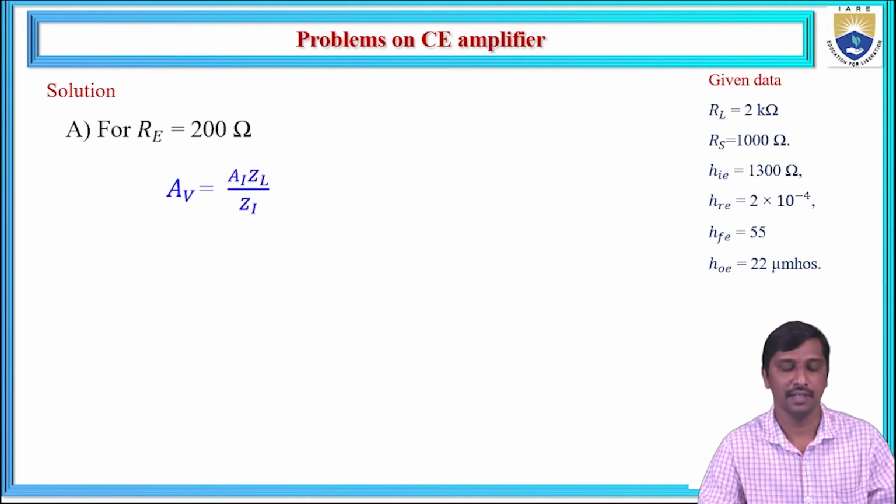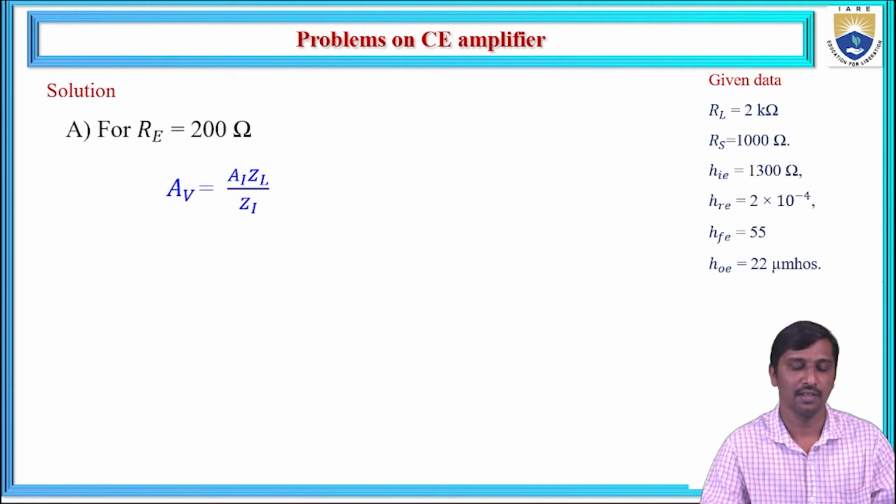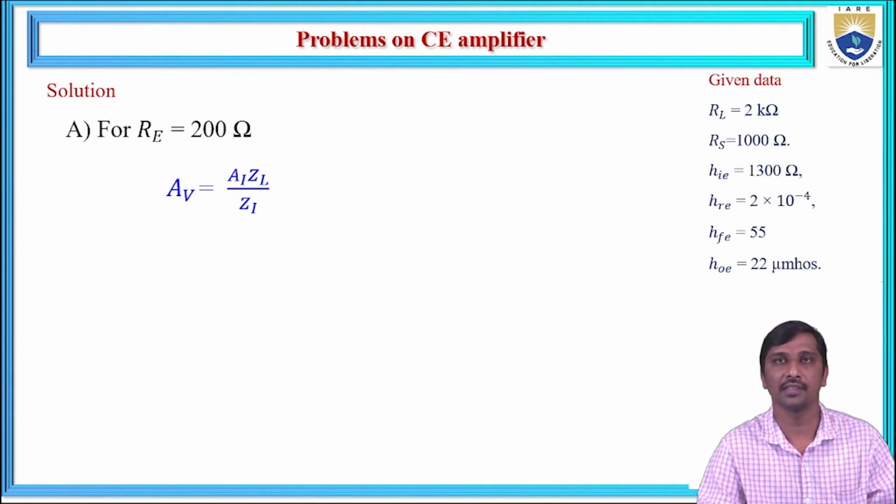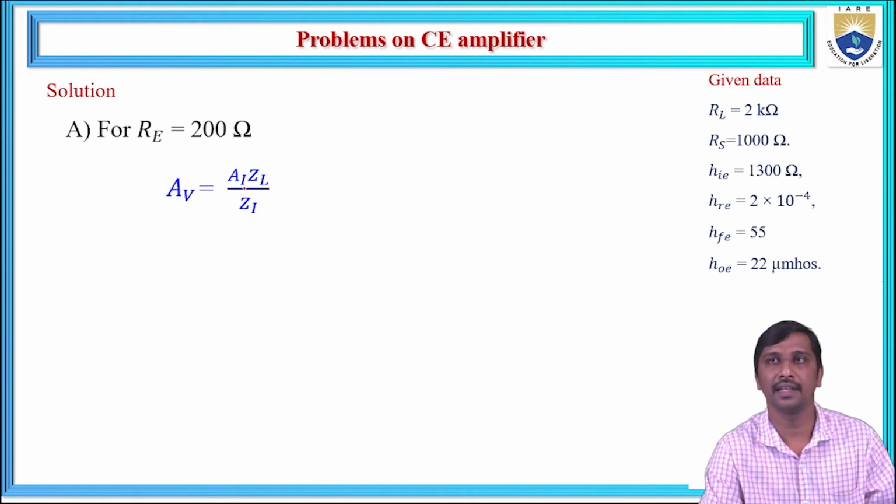Now we need to calculate the voltage gain for this approximate model analysis with an emitter resistance of 200 ohms. The voltage gain is represented as AI into ZL by Zi. Just now we got the current gain, which in approximate model analysis is minus hfe. ZL is the load resistance, and Zi we just observed is 12.5 kilo ohms.